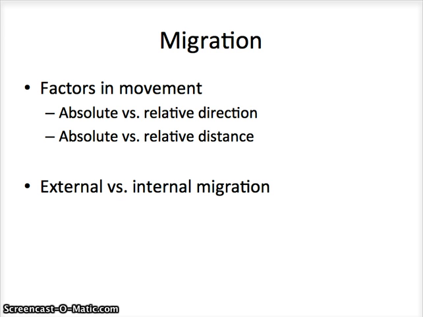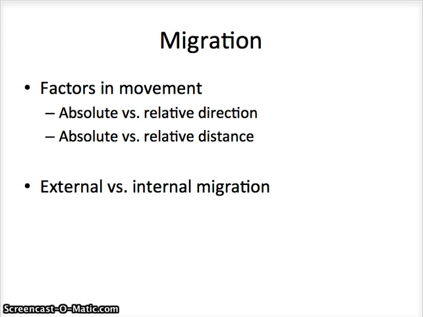And just like absolute and relative location that we talked about at the beginning of the semester, one might be more important than the other depending upon what you're trying to figure out. Because in some cases, something can be 5 miles away, but take you an hour to get there. So many times in urban locations or crowded locations or during rush hour, you might be more interested in relative distance than absolute distance.